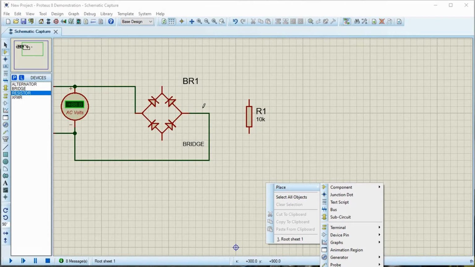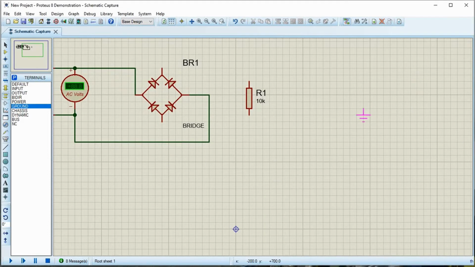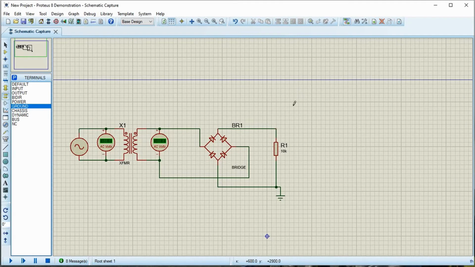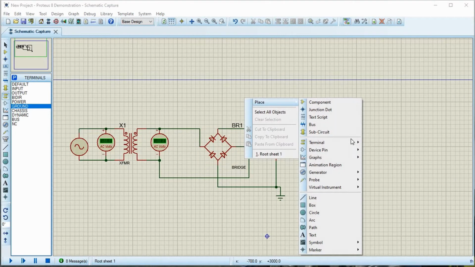If there is no current, they will not get forward biased. Let me keep a ground. This should be the positive, and this is the negative. So let's simulate. I'll put an oscilloscope here.